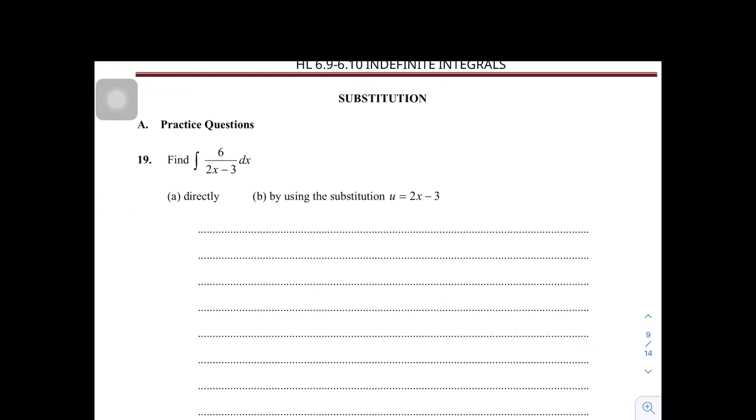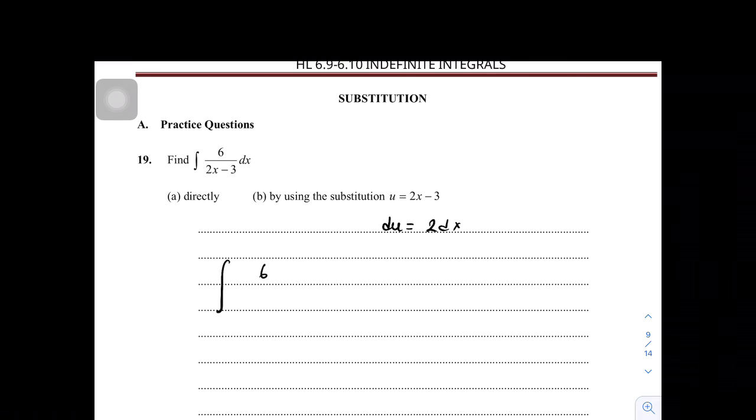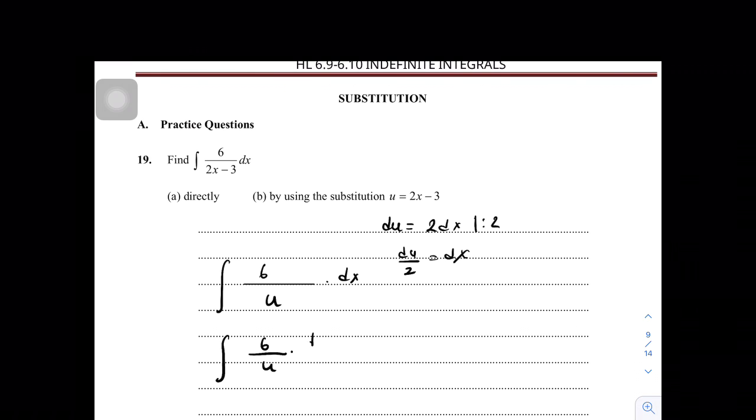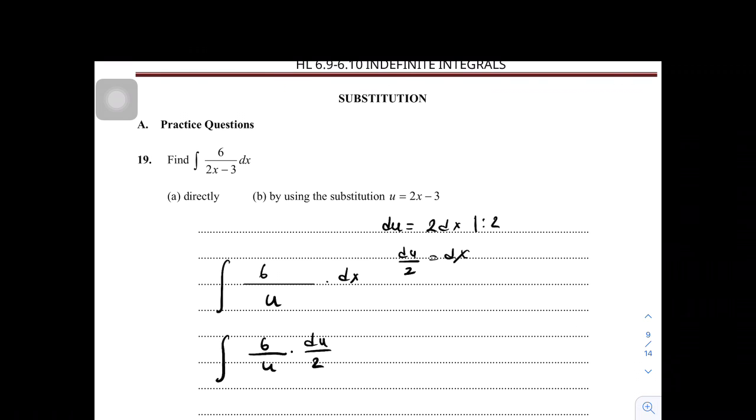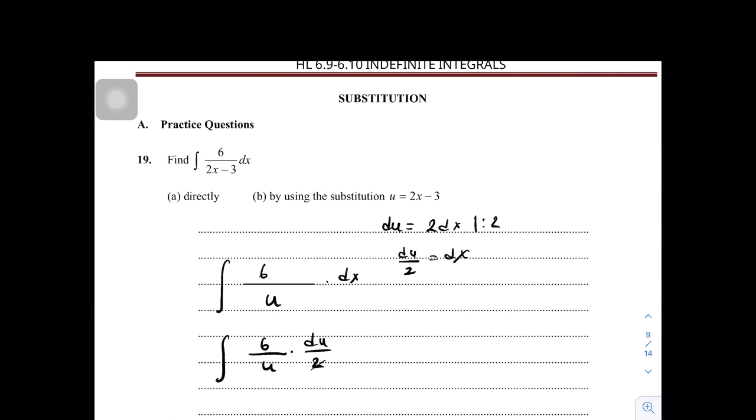Now this is u, then du is equal to 2 dx. Am I right? Okay, and then 6 divided by u dx. Now dx is a problem over here. Instead of dx, I'm going to divide by 2. du divided by 2 is dx. Instead of dx, I'm going to write du over 2: 6 over u times du over 2. Now 2 and 6 are going to cancel each other.